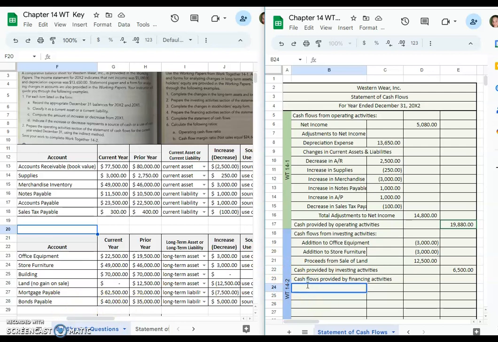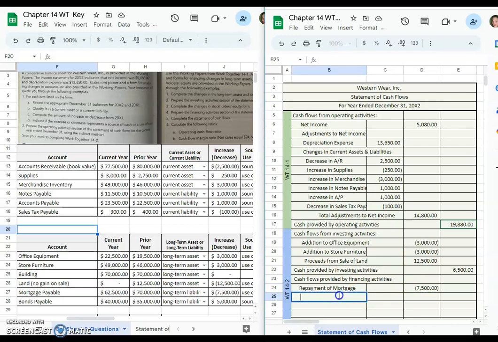So our first one will be repayment of mortgage, right? Because we paid down that mortgage balance, so that's going to be a use of cash of the $7,500 difference. Okay.